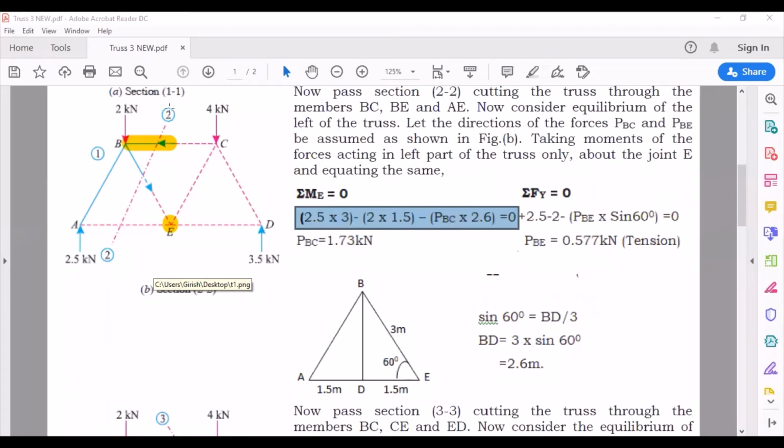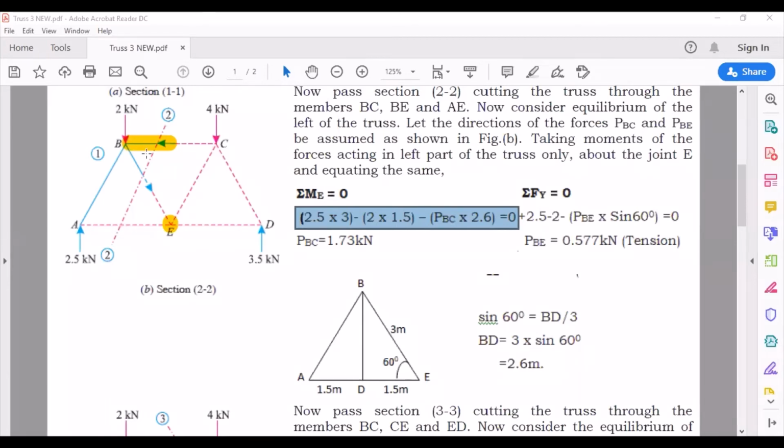This section is cutting only 3 members, which are BC, BE and AE. When calculating the moment, you consider only the members cut by the section and the external forces acting on the portion which you have considered.